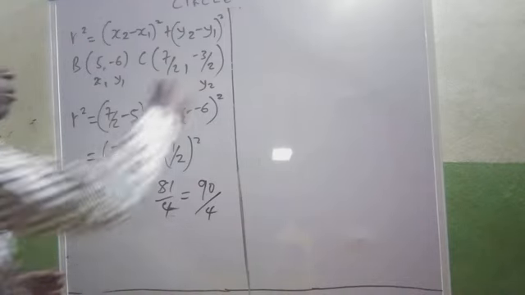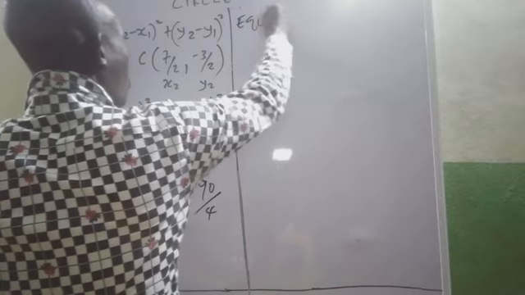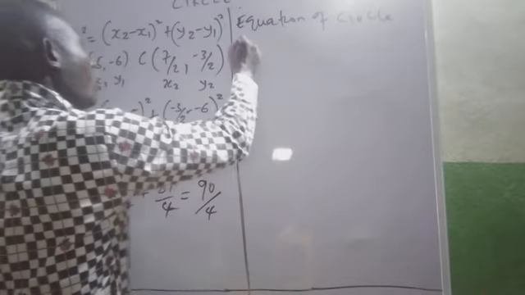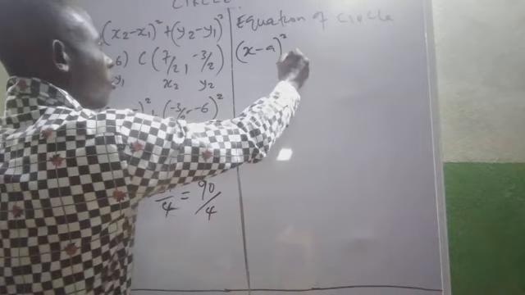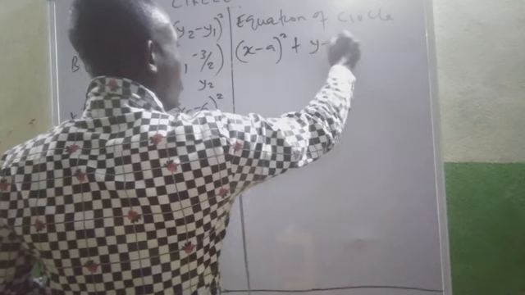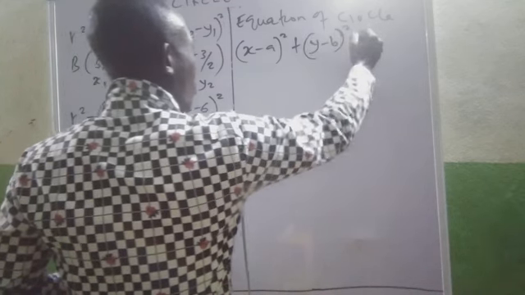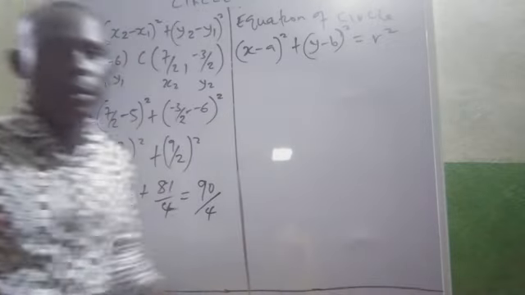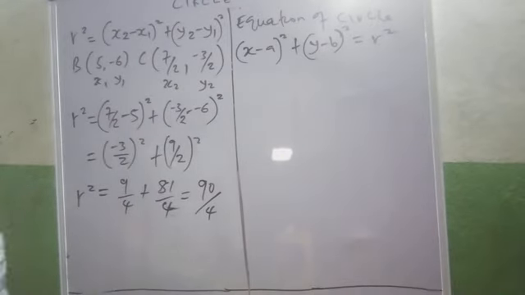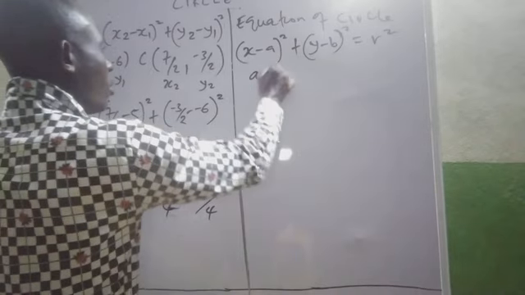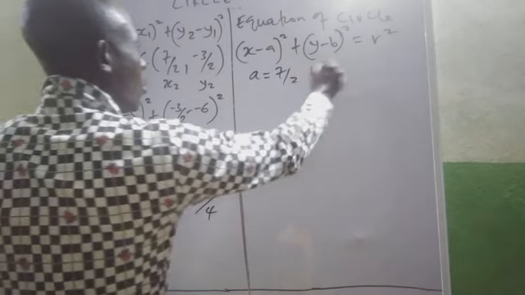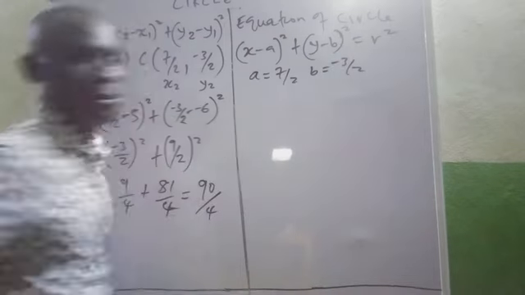The equation of the circle is x minus a all squared plus y minus b all squared is equal to r squared. So remember that a and b is the center. We have a to be equal to 7 over 2, while b is minus 3 over 2.